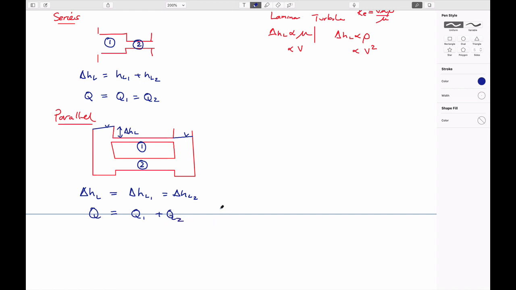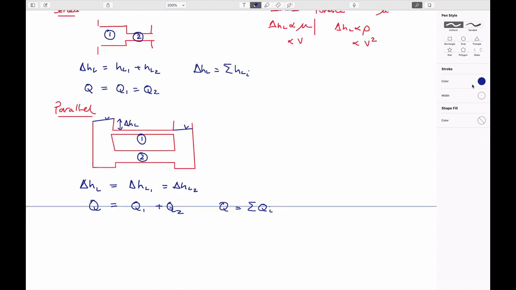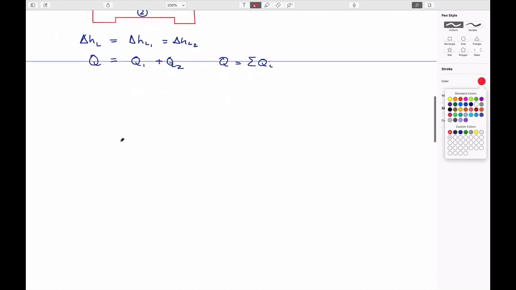And so this would just be a summation in each of these. So for series, delta HL is equal to the sum of HLi, and for parallel, Q is equal to the sum of Qi. So those are the requirements for flow in multiple pipes in terms of systems.